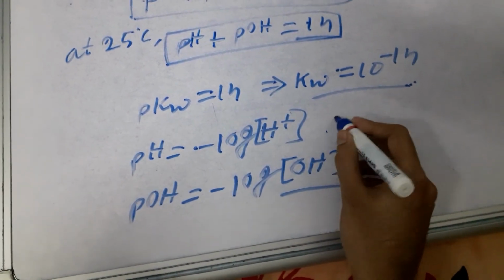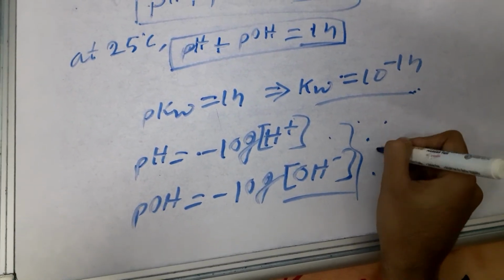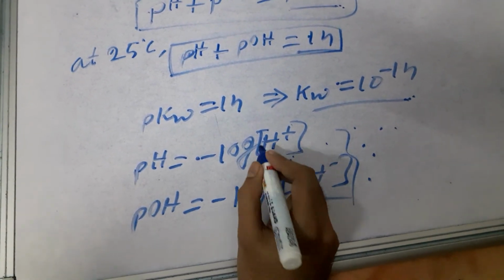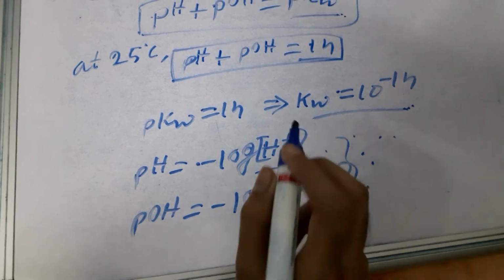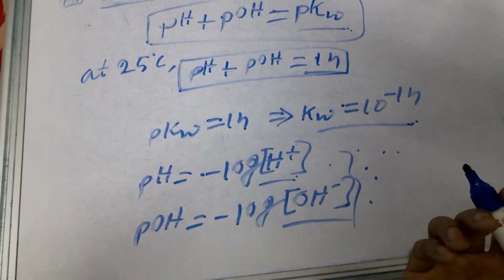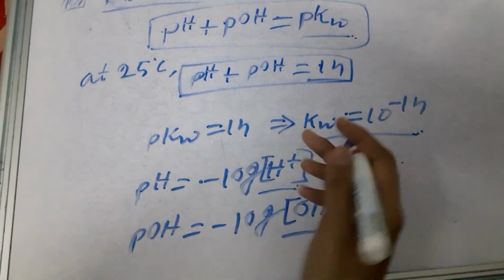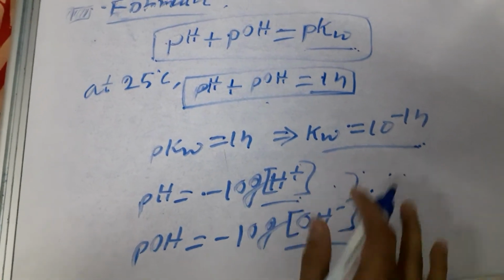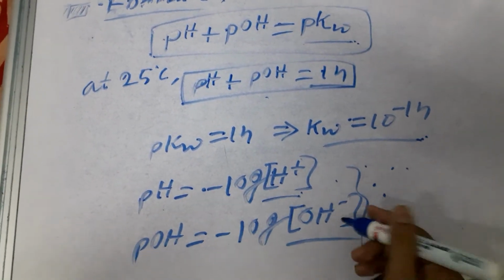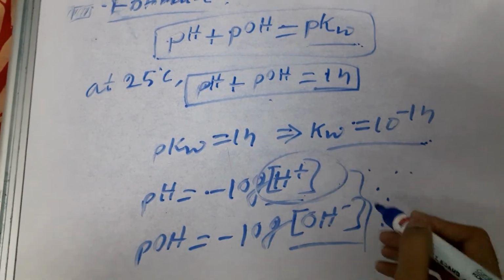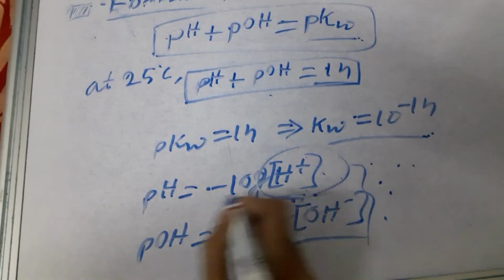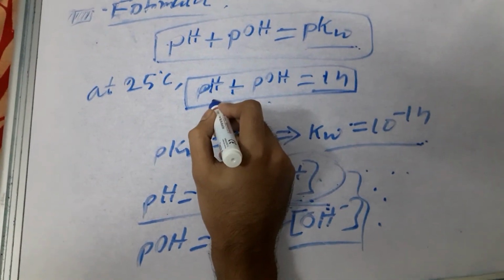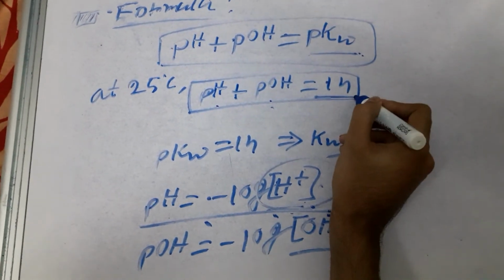If you know the concentration of H plus and OH minus, put it here and you can solve any kind of pH or pOH problem. If the concentration of H plus isn't given in your question, but pOH is given, you can easily solve using the formula pH plus pOH equals 14.